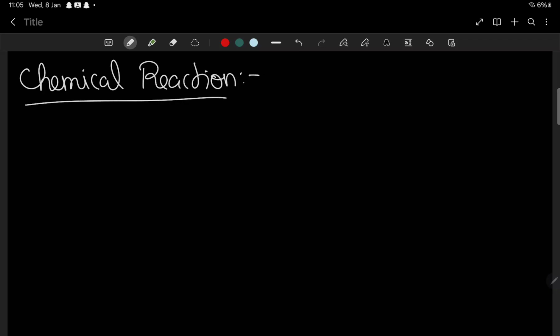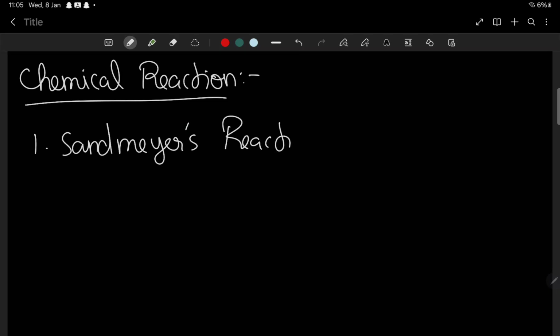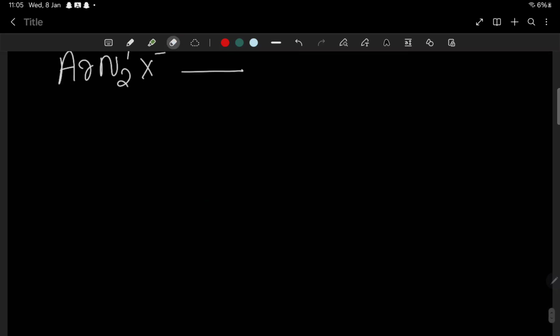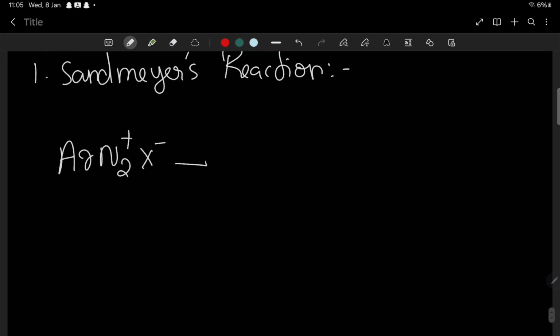Now the chemical reactions. This one is comparatively important, though only very few questions will be asked from this part. But Sandmeyer's reaction and Gattermann reaction are important here. First one, Sandmeyer reaction. You are having the diazonium salt. Into it, three different reagents can be added to get different products.